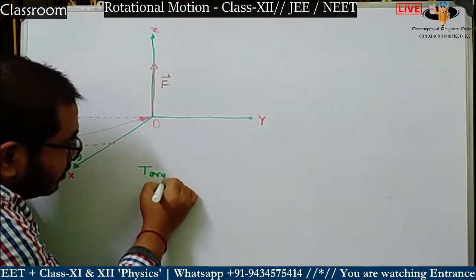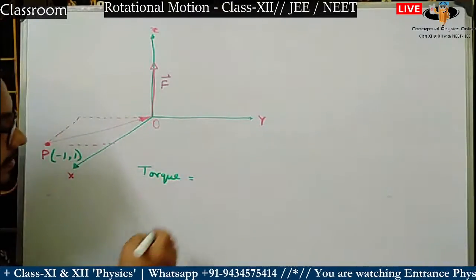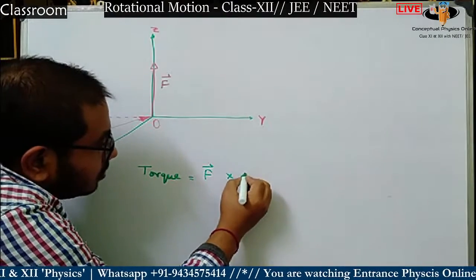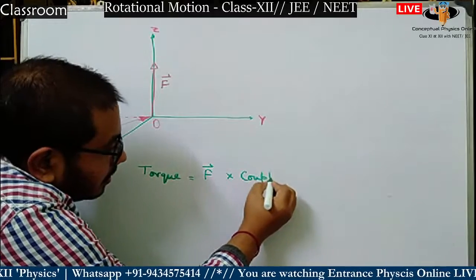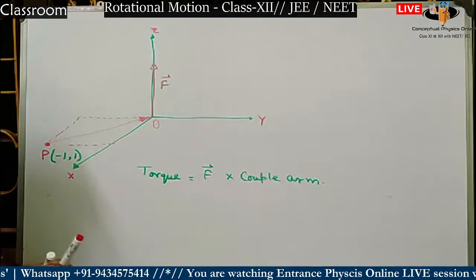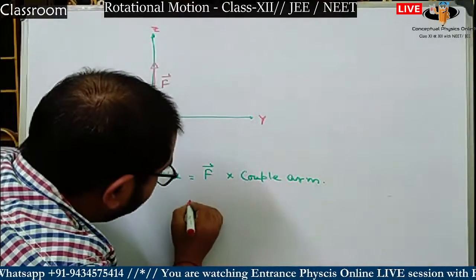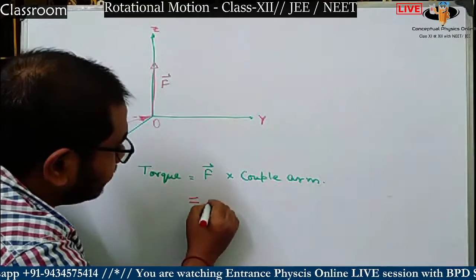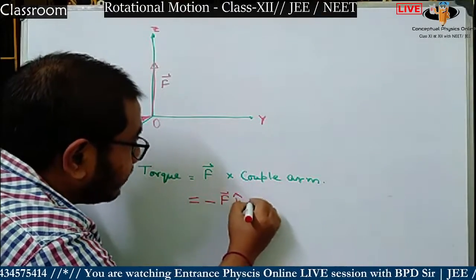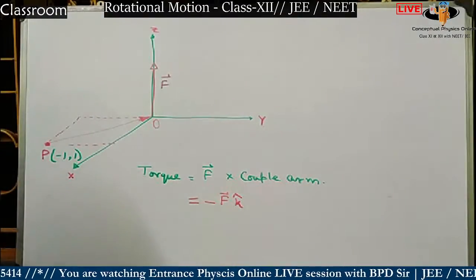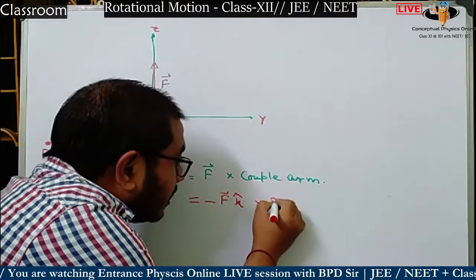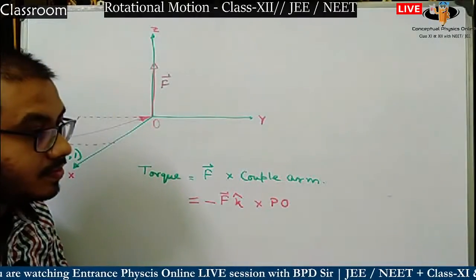We know that torque is given by couple force into couple arm, right? Couple force is given as minus Fk cap and couple arm is given as PO, right?